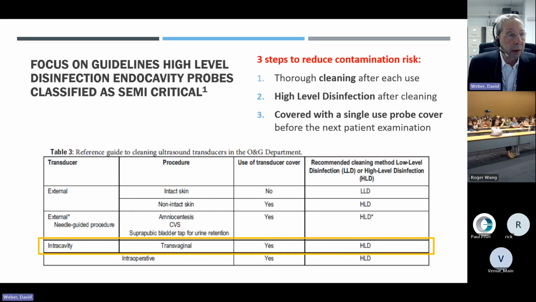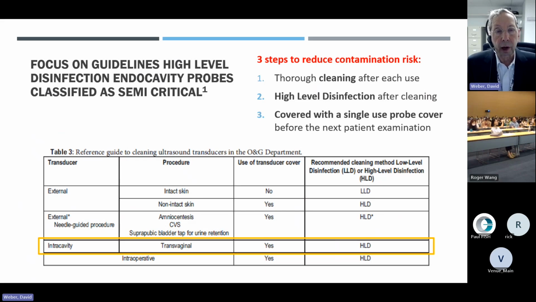Well, let's focus now on guidelines for high-level disinfection of endocavity probes classified as semi-critical. There are three critical steps. The first is thorough cleaning after each use. I should say for both sterilization and high-level disinfection, cleaning must always precede either of those processes.